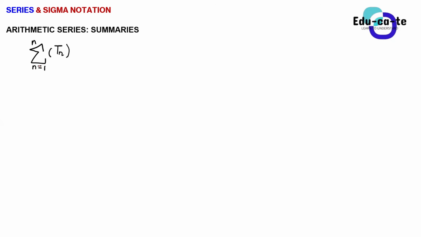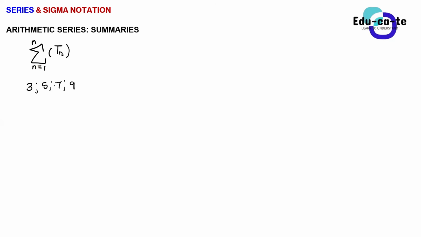So basically here, for example, let me just say I give you this arithmetic sequence: 3, 5, 7, 9.